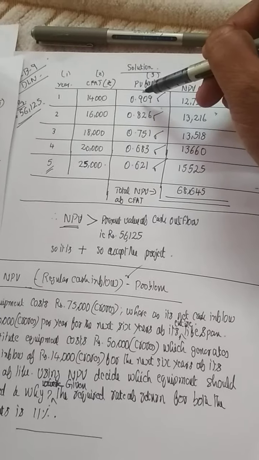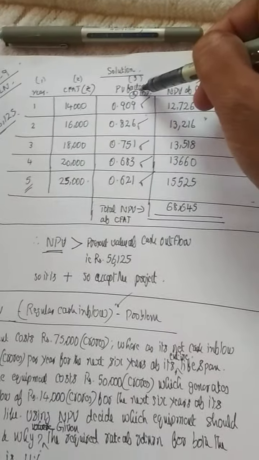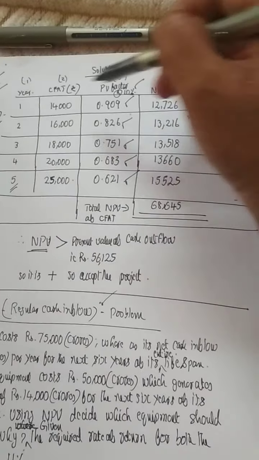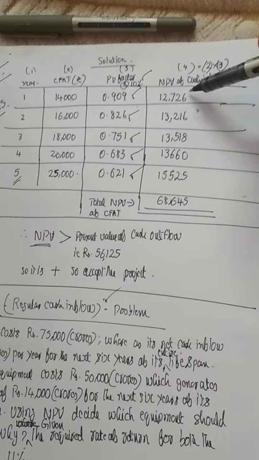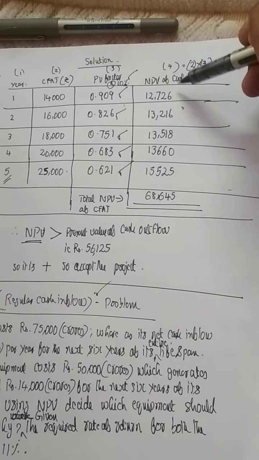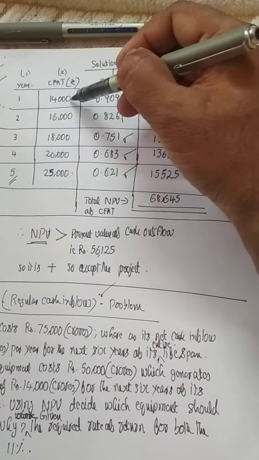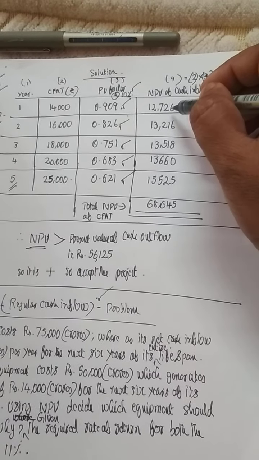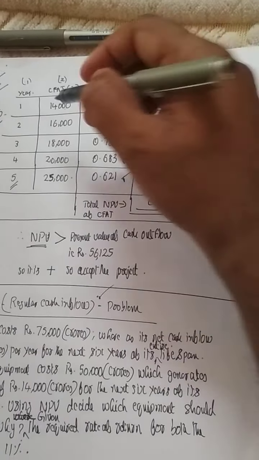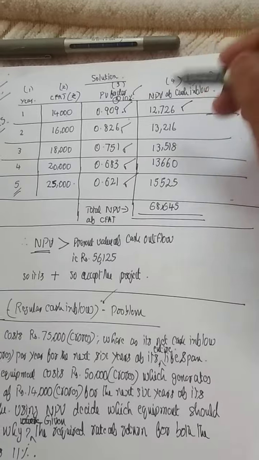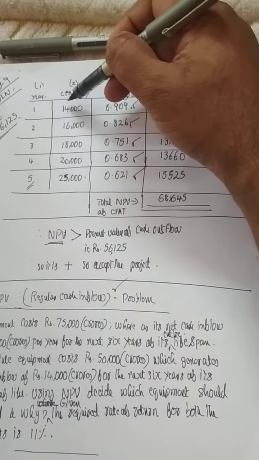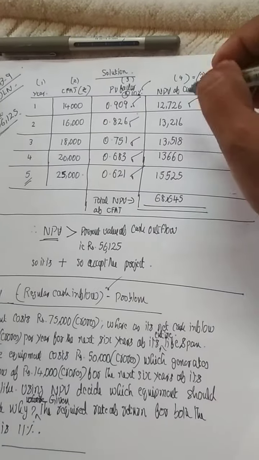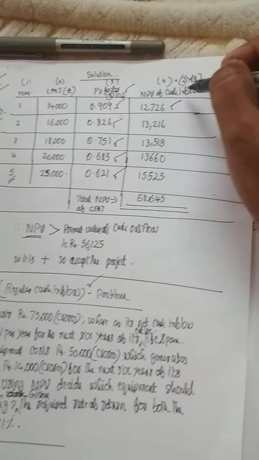So with the rupee 1 value or the present value factor at 10%, we will find out the net present value. So column 4 is what? Column 2 into column 3. 14,000 into the present value factor, we will get the present value of 14,000. Year 1, we are getting the return 14,000, which has only the present value of 12,726.